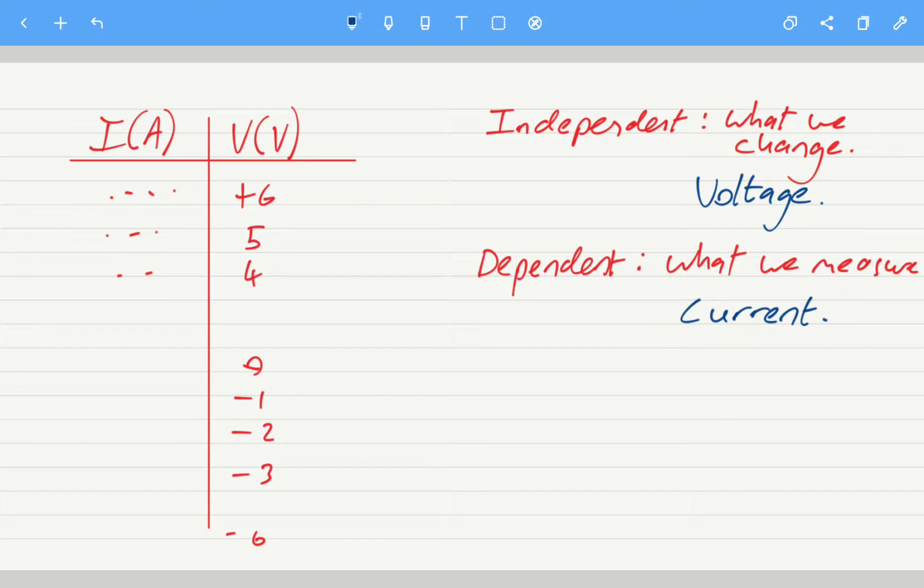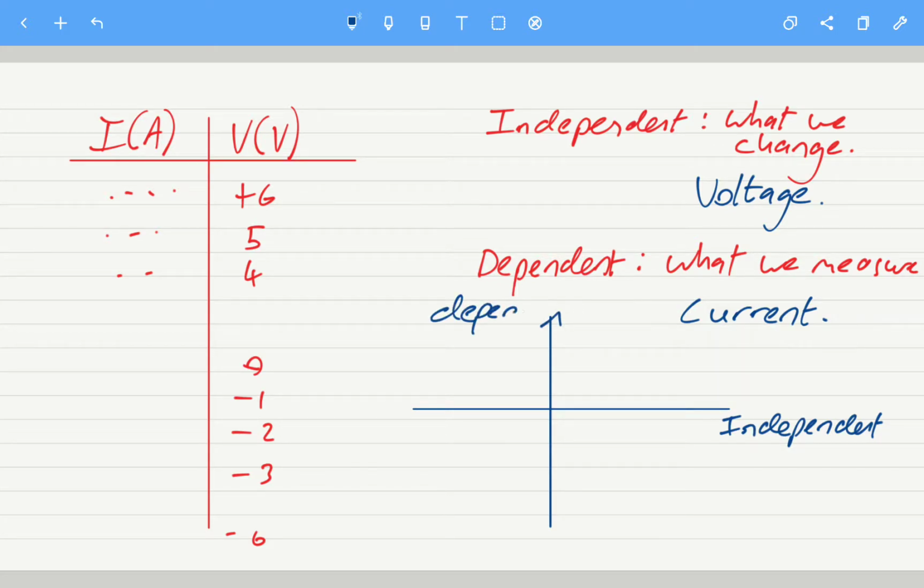Another thing is at GCSE, when you plot a graph, you should always plot, within reason, the independent variable on the x-axis and the dependent variable on the y-axis.